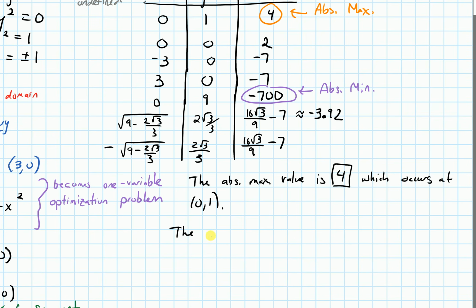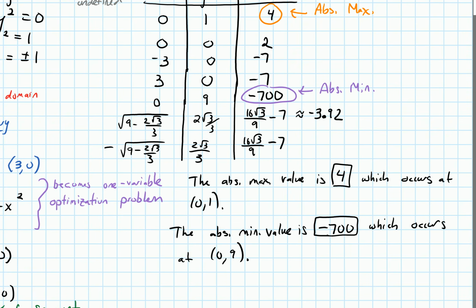And the absolute min value is negative 700. So when a question asks for the absolute max value and the absolute min value, ultimately it wants the output as the answer. So that's what I'm listing here, the outputs. Okay, and let's write down where this happens. So the absolute min occurs at the point 0, 9. And that's my answer.